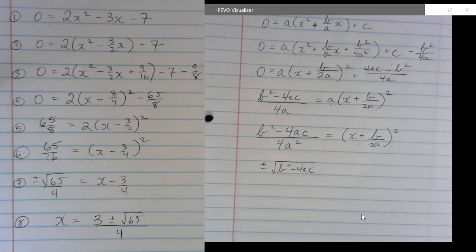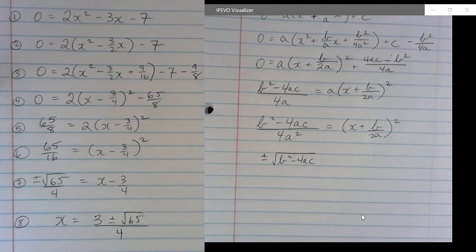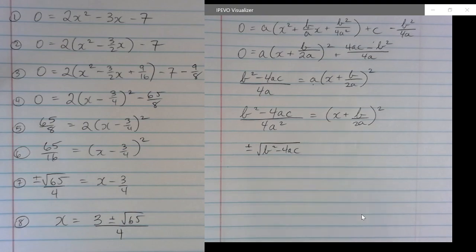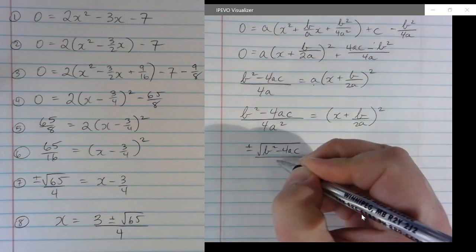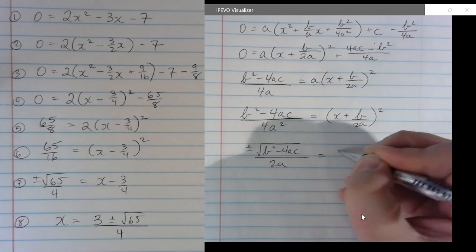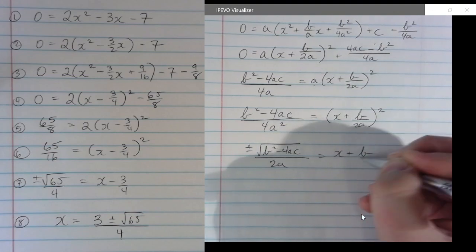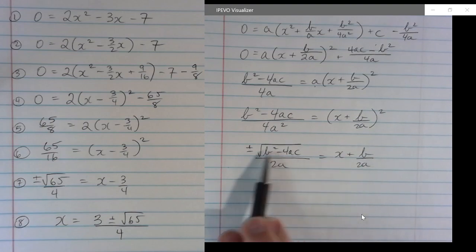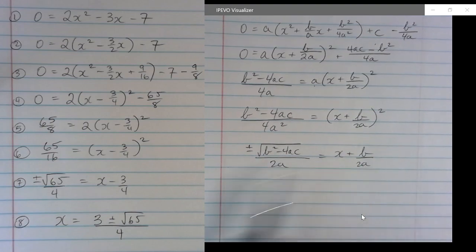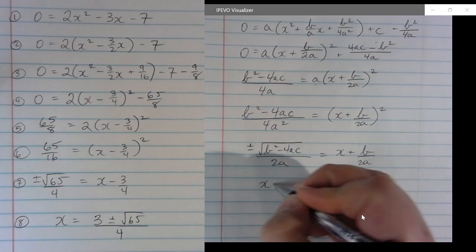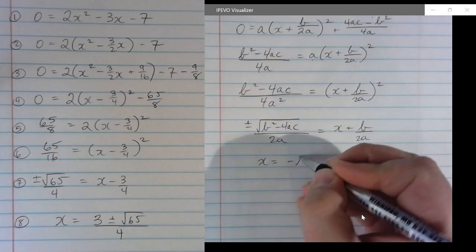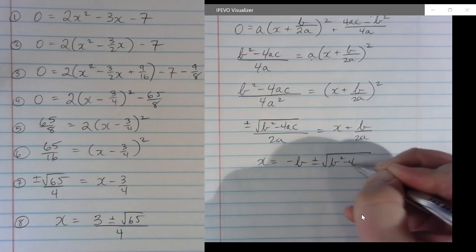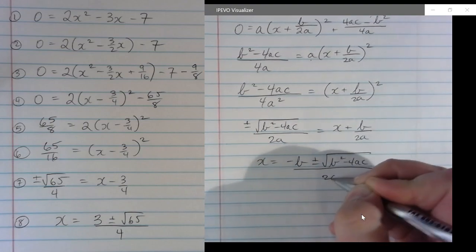But I can square root 4a squared, just like I was able to square root 16 on the other side. That's actually not a tough thing to square root. I can square root 4a squared and say that it is 2a. And just like what happened in the one with the numbers, I actually have a common denominator now between this constant and this mess. So when I minus it from both sides, I can say that x equals negative b plus or minus the square root of b squared minus 4ac all over 2a.